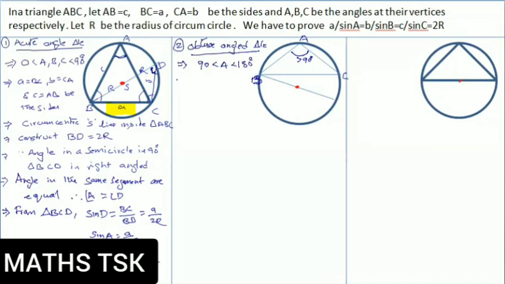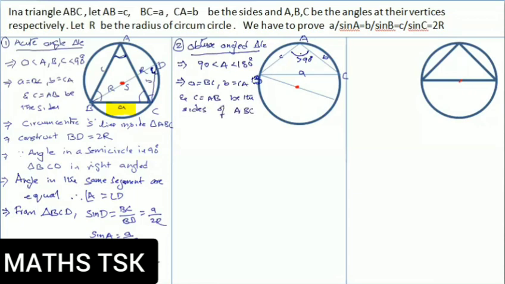Next, about the sides: here also a is equal to BC, b is equal to CA and c is equal to AB be the sides of triangle ABC, as in the acute case.